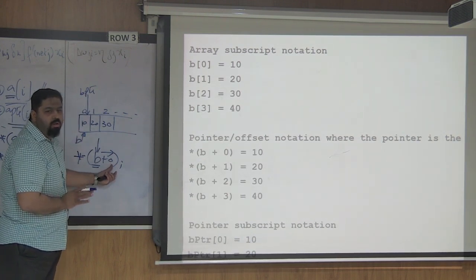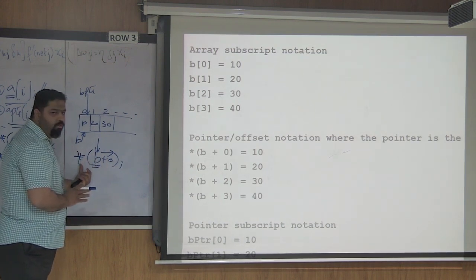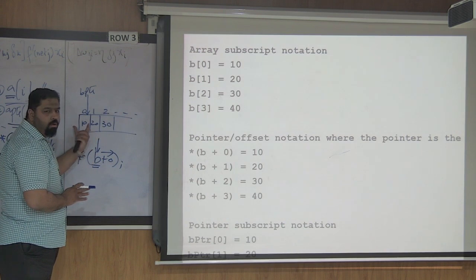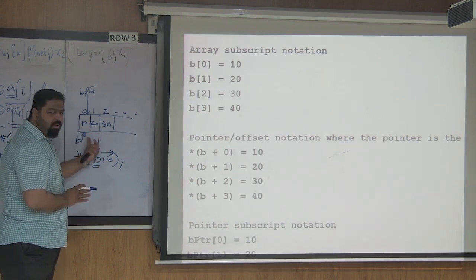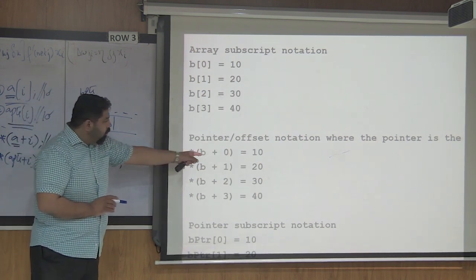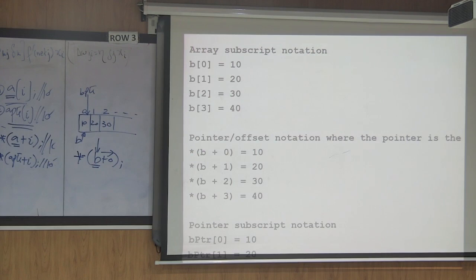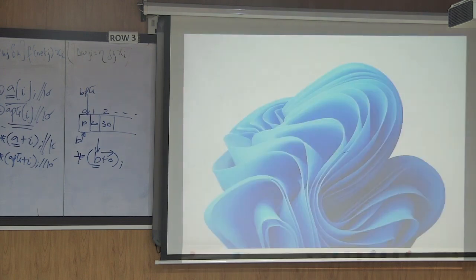Don't move ahead, stay at that location. Asterisk gives the value. Of course, asterisk is the value operator over here, using indirection.